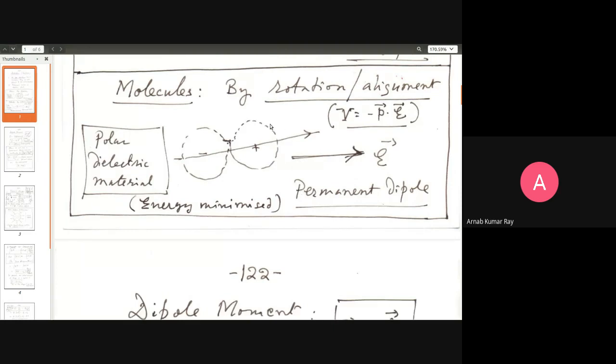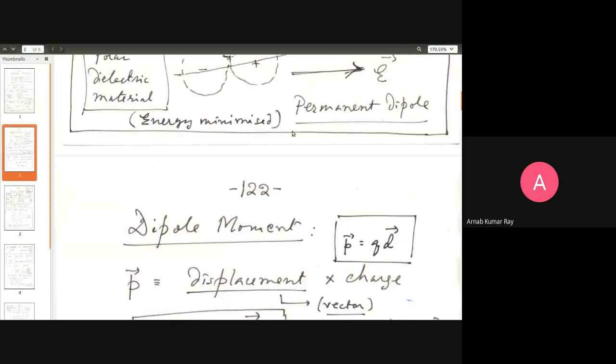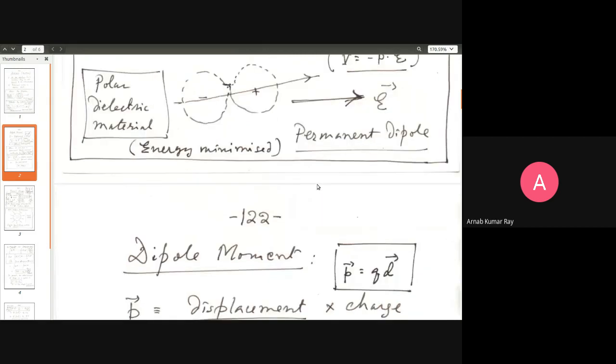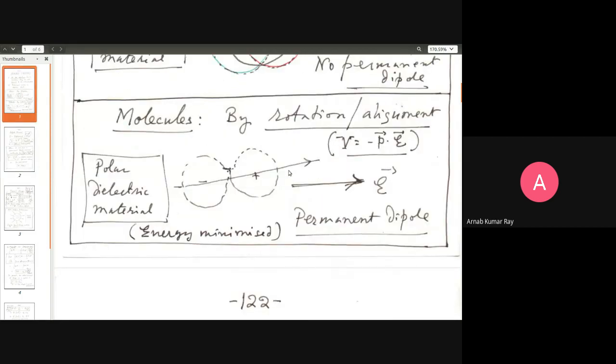Anything else, there will be a tendency to rotate and bring about the alignment. Now a few other extra discussions. If you apply a very, very weak field, the rotation may not be complete. Just like the steering wheel of a car.